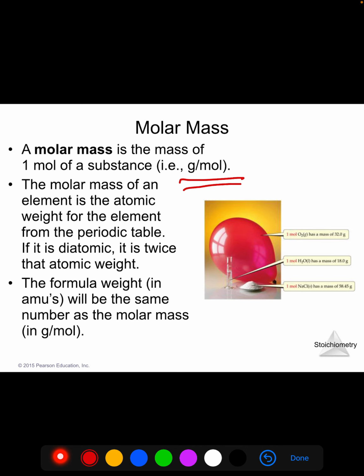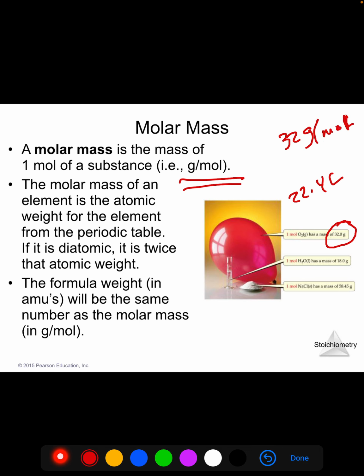For example, 1 mole of oxygen, 1 mole of O2, would be about 22.4 liters at room temperature and sea level pressure. It would have a mass of 32 grams, or the molar mass of O2, molecular oxygen, the normal form found in our atmosphere, is 32 grams per mole.